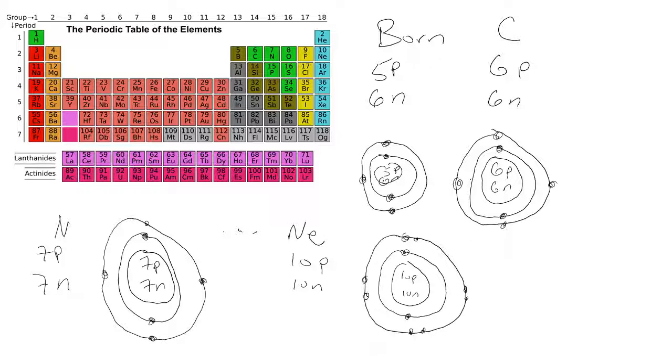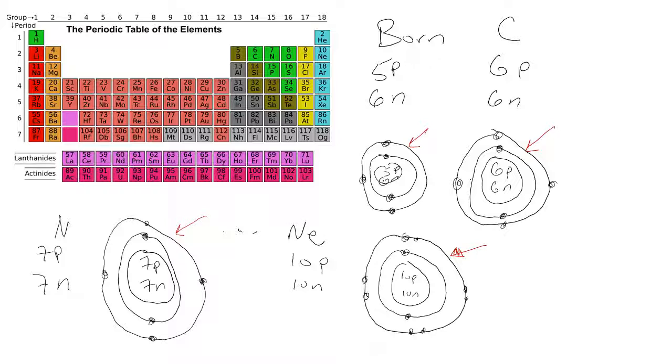A Lewis dot diagram is only going to be concerned with the outermost shell of the atom you're interested in. So Lewis dot structures are a lot easier to do than Bohr models, because all you need to worry about is that outer shell.